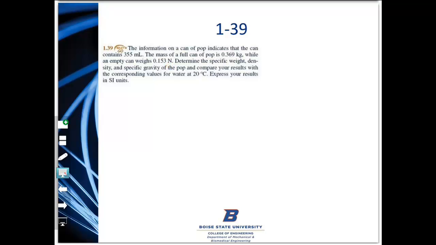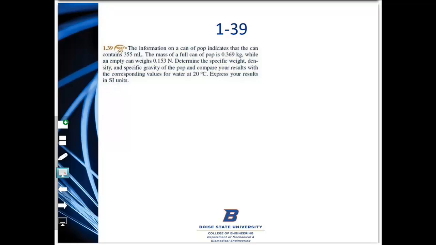Again, realize that in one case you're given mass, in one case you're given weight. Okay, you're asked to determine the specific weight, the density, and specific gravity of the pop and compare your results with the corresponding values for water at 20 C, and you're asked to express your results in SI units.